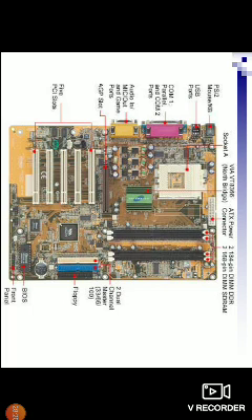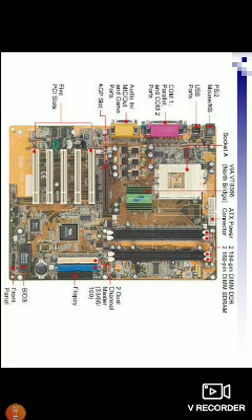And see this AGP slot, accelerated graphics port, and here 5 PCI slots are there. PCI stands for peripheral component interconnect. When we come to the top one, here is socket A. Socket A means here we insert the processor.